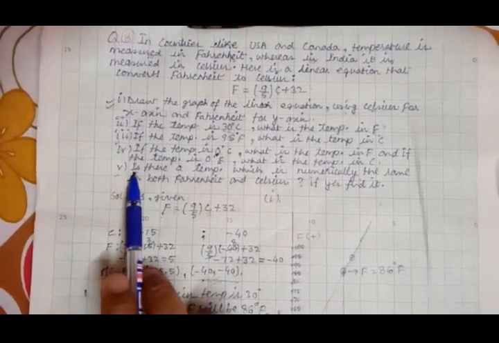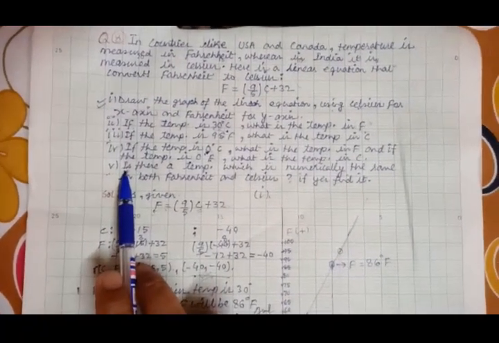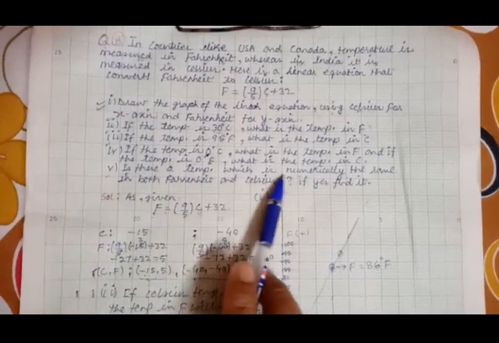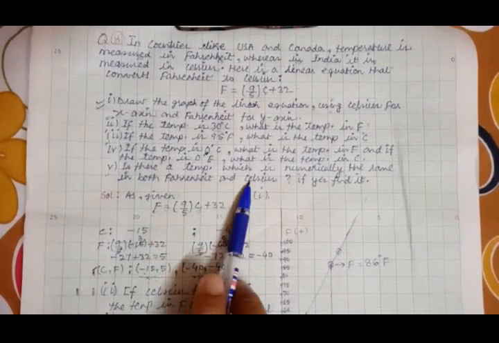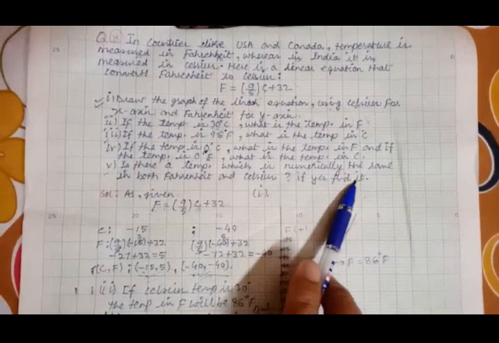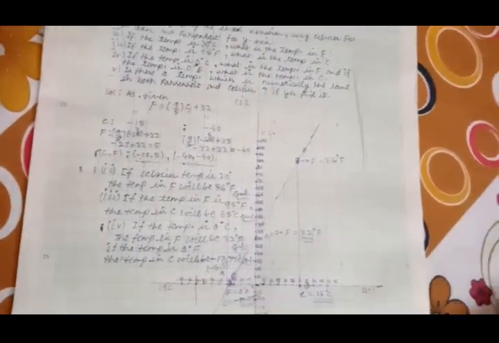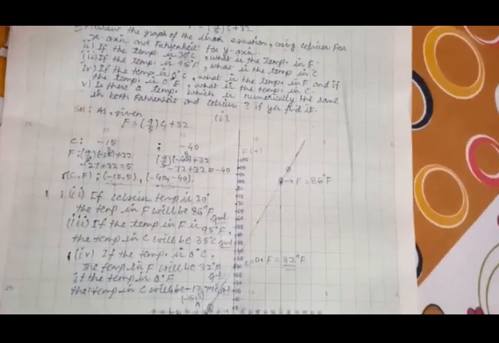Let's start with the fifth. This time we have to check if there is a temperature which is numerically the same in both Fahrenheit and Celsius. If yes, then find it. So before observing it on the graph, let's try to find it algebraically.